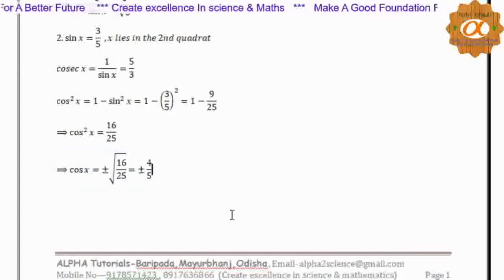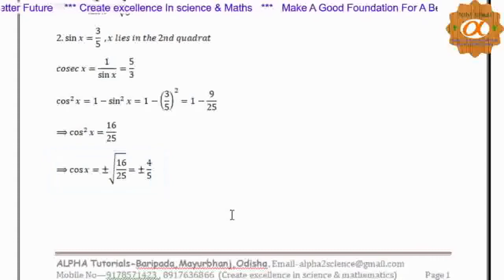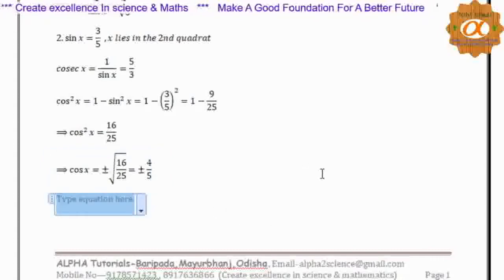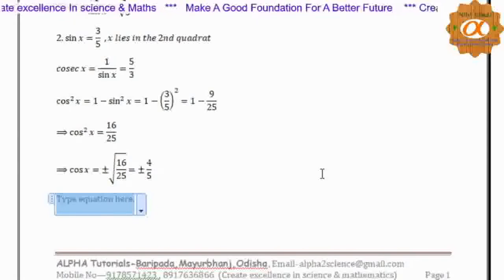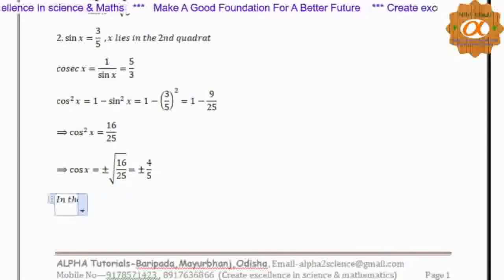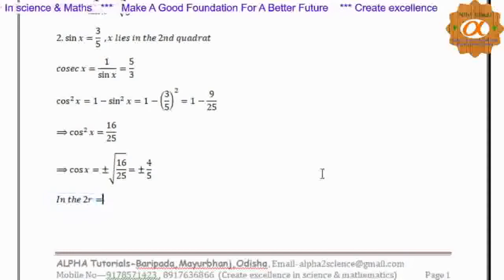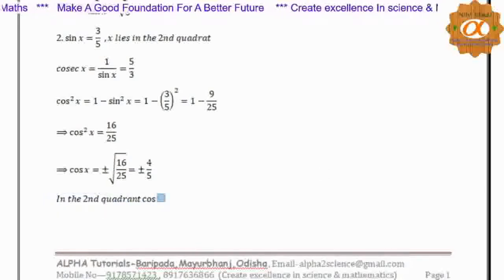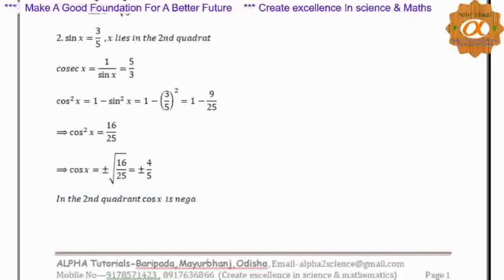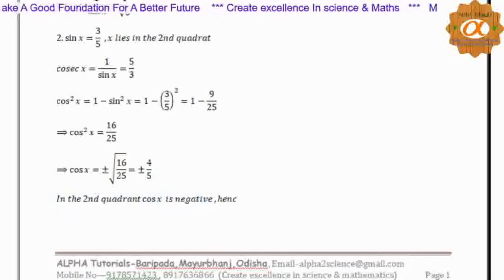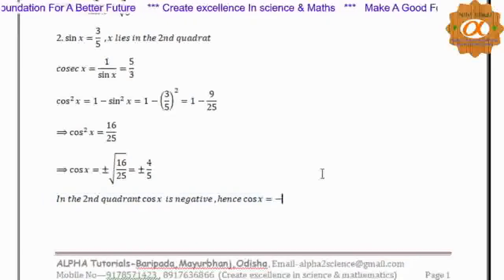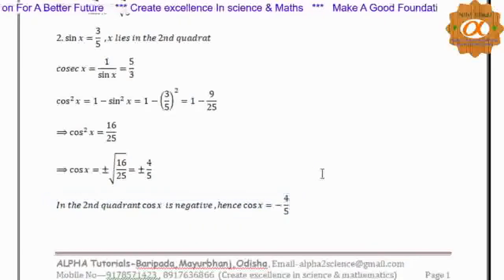Now again we have to decide about the sign. Now in the second quadrant, cos x is negative, hence we take the value cos x is equal to minus 4 by 5.